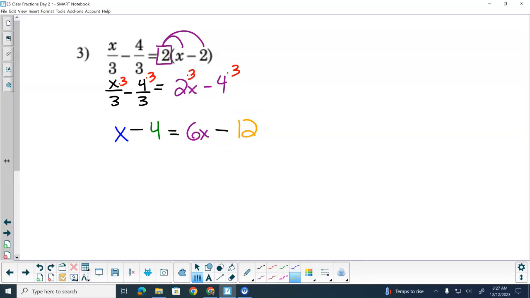Which way do we want variables to go? Right? Because it's a bigger number over there. If the variables went right, that means the numbers go left.